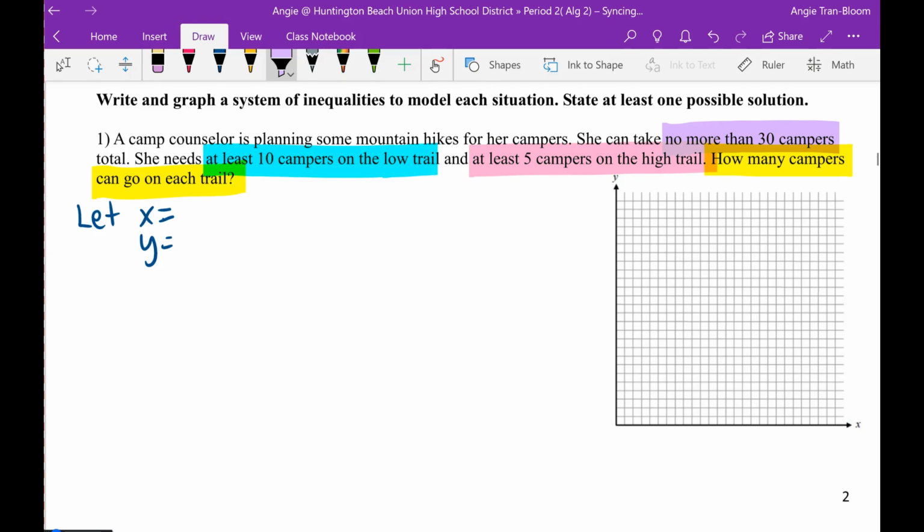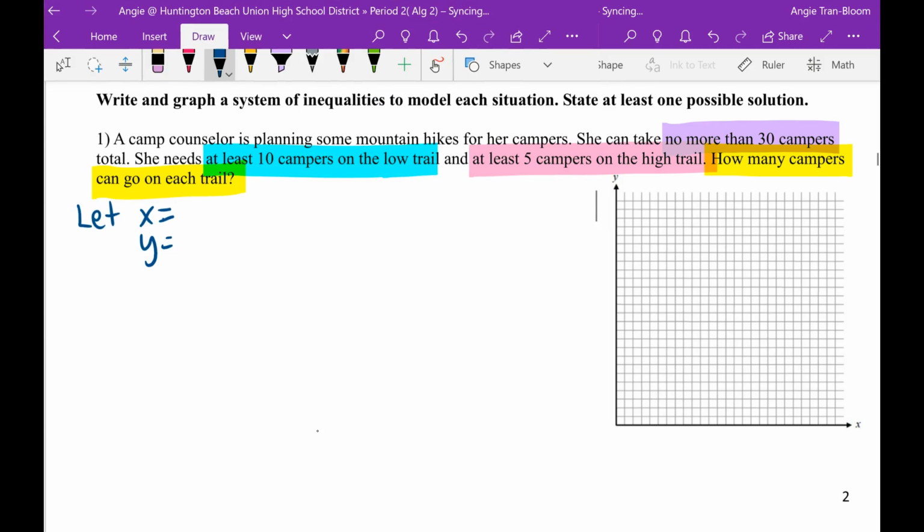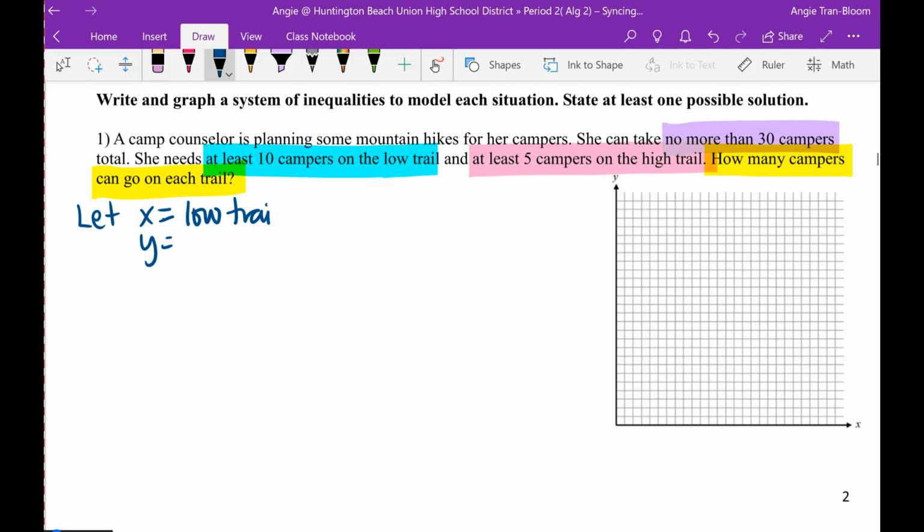Okay, so X and Y. What do you want X to be? What kind of camper? Low trail. You're right. So let X equal low trail campers. Okay, there you go. Let Y then be what?